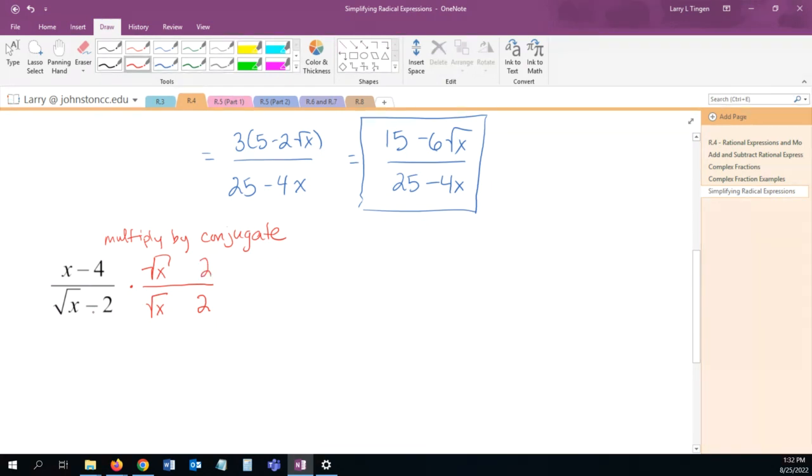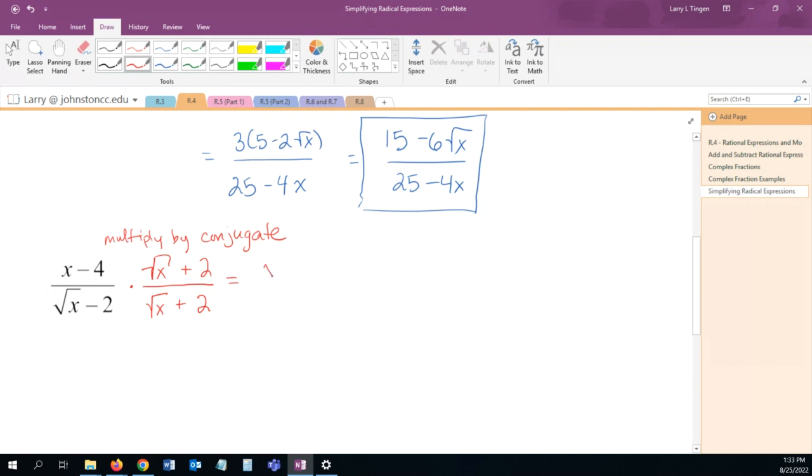So whenever I get the conjugate, I just swap out my operation. In the problem, I'm doing minus, so the conjugate must have a plus. And the whole purpose of the conjugate is to make the root go away. Anytime I multiply some radical by its conjugate, what I'm going to end up with is a real number. Okay, or I'm going to end up with a rational number.